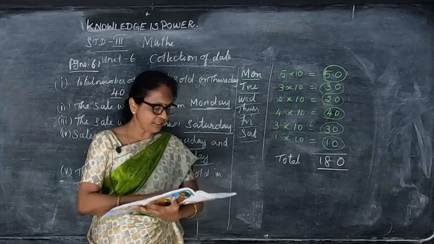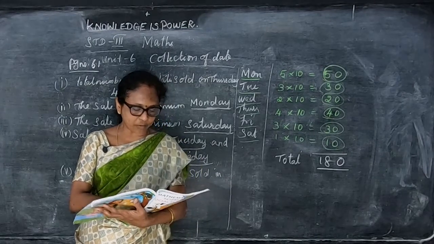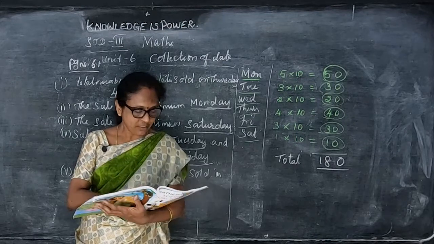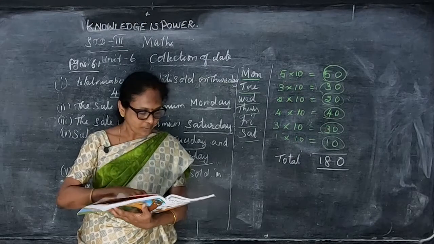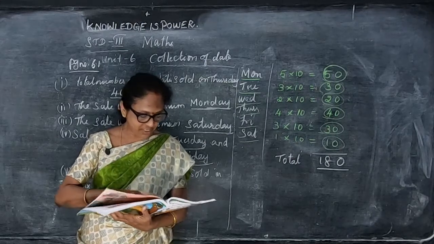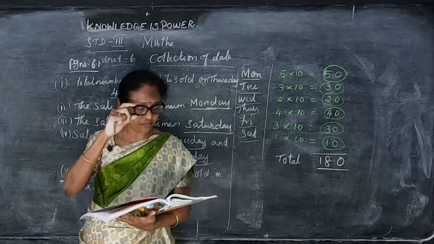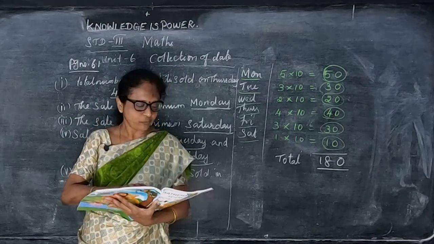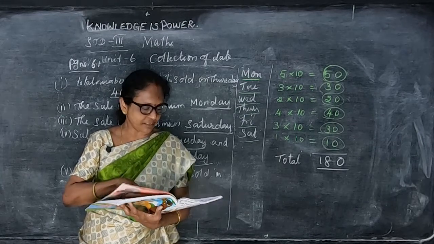So here they have given the first standard girls, 14. Then second standard girls, 10, third standard, 16, and fourth standard, 13.